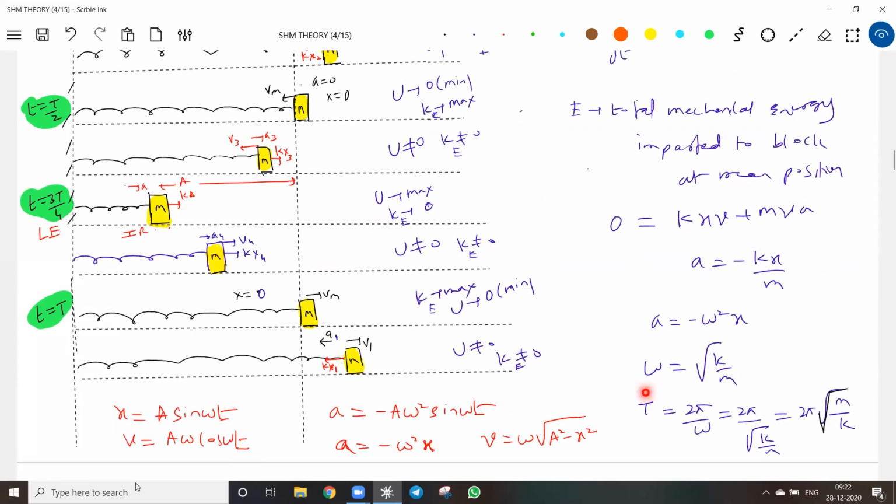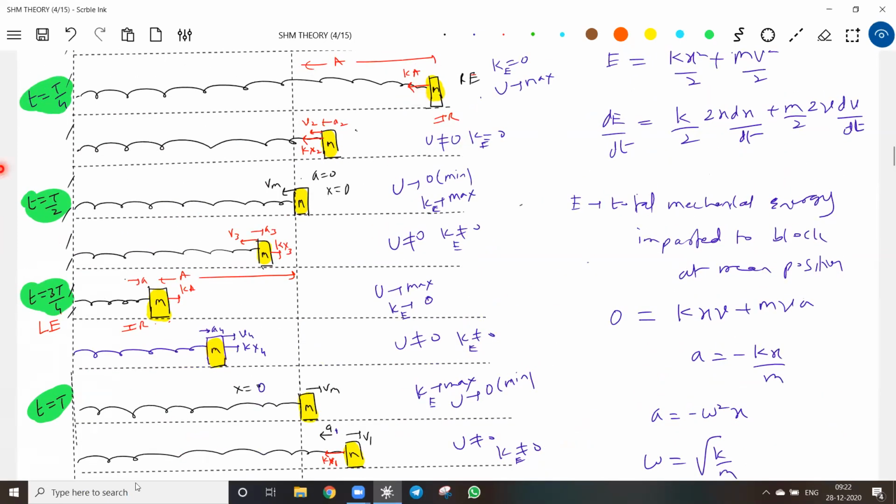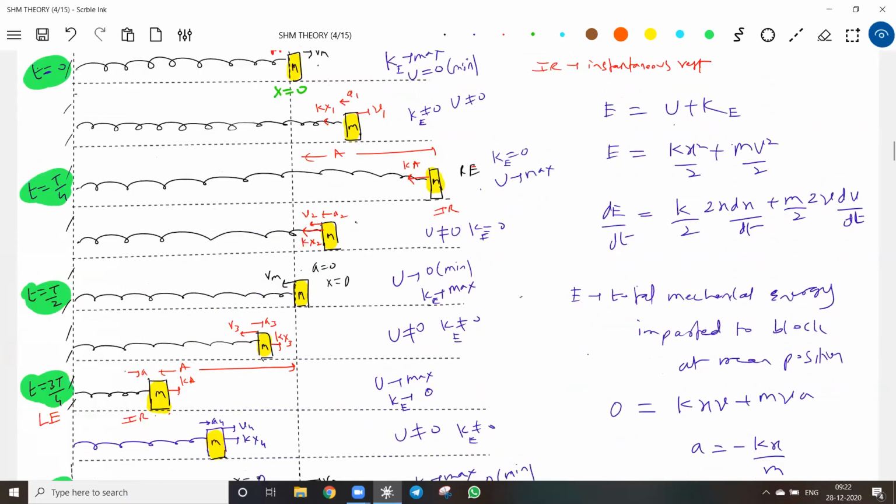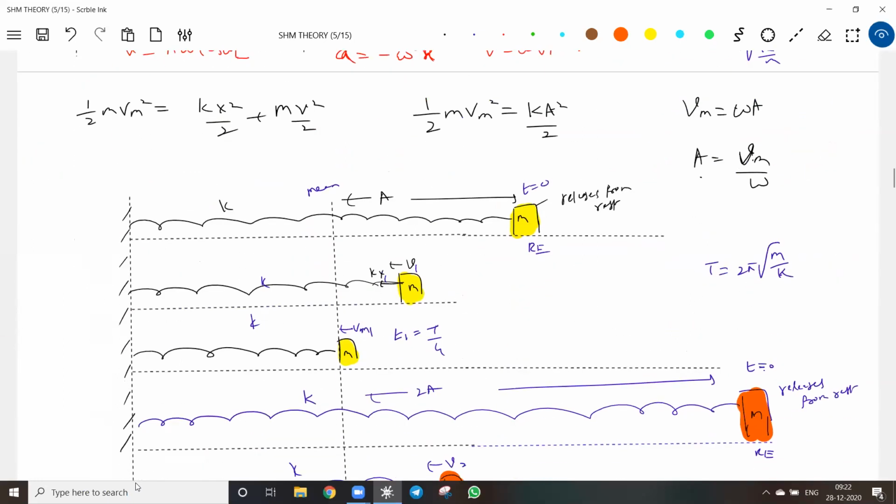That's one conclusion. Next, what will happen to the overall energy we give? Here I give energy in what form? Kinetic energy. Here, in what form am I giving energy? Potential energy. The external agent does work, no? So all the work done by the external agent will be available as oscillation energy. What will happen to that oscillation energy? It will remain the same.